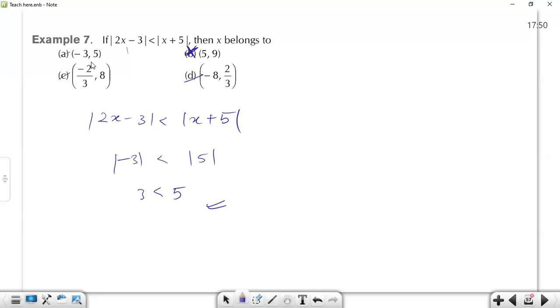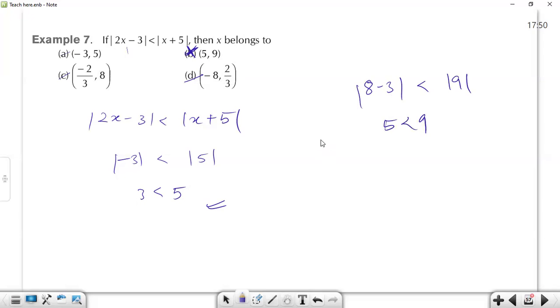Now let's take x as 4. So 8 minus 3, 5, less than 9.